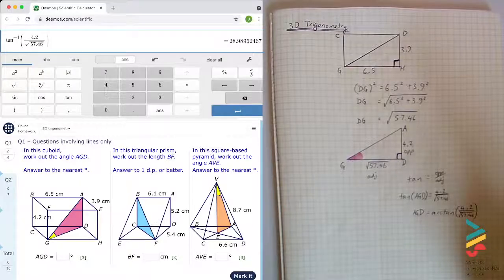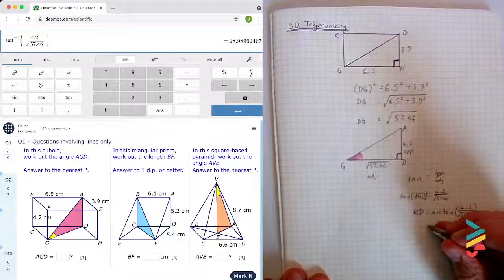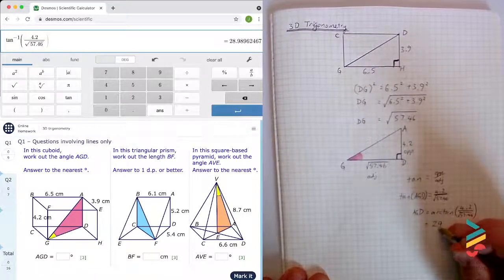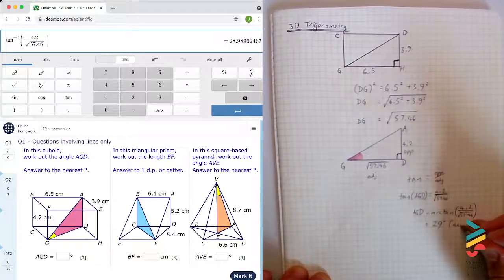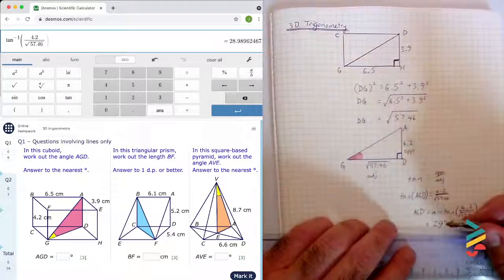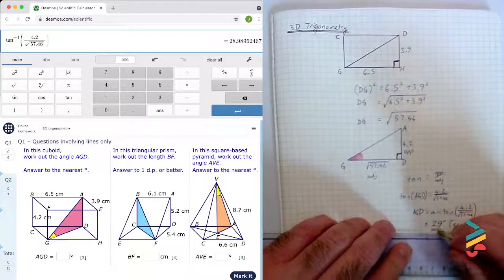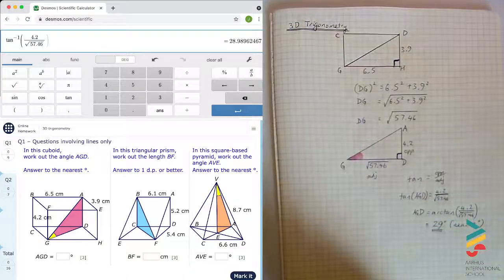So that's giving me 28.98 degrees, so equals 29 degrees to the nearest degree. So I will fill that in on the answer box on iMaths. 29.